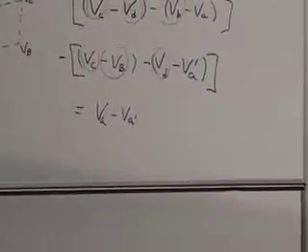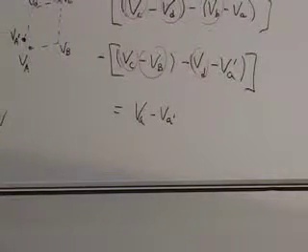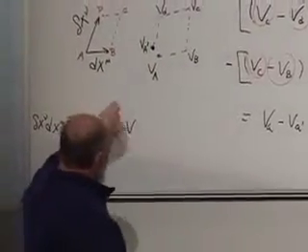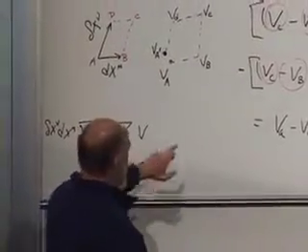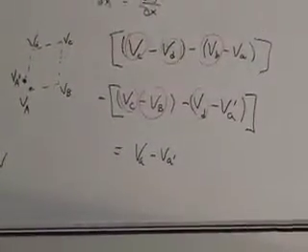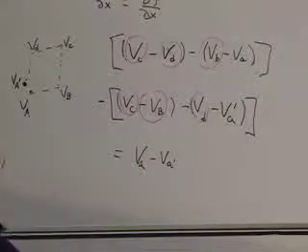What about the other term, the second term that we subtracted off here? It's exactly the same thing, except in the opposite order. Let's just look at it. What's the first thing here? We're subtracting. This is VC minus VB.